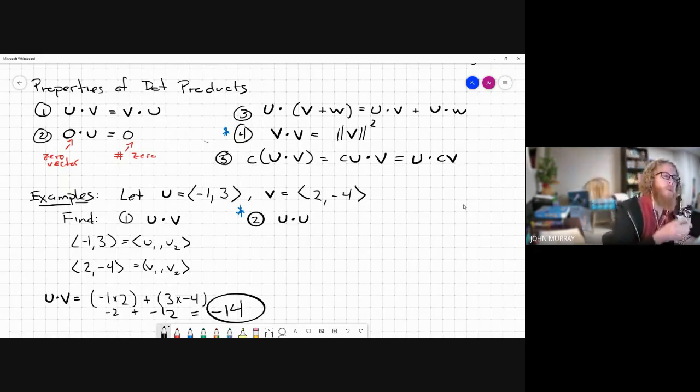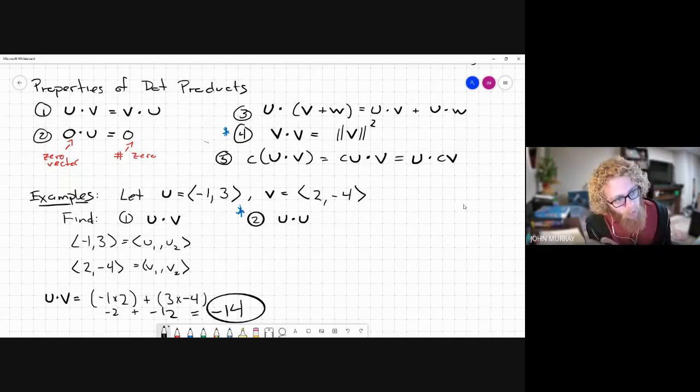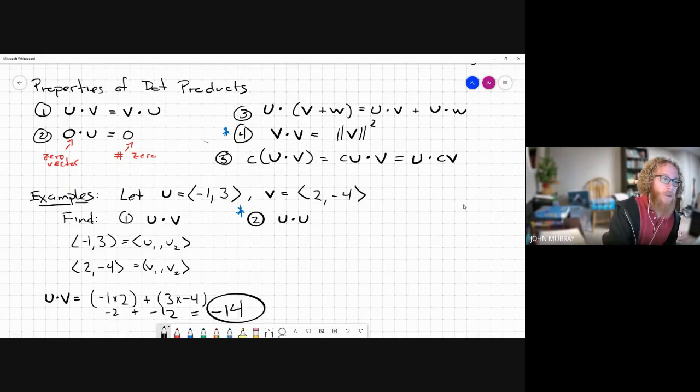Okay, so with that, you should be able to answer most, if not all, of the questions on the SGO. That was the last bit of information. But I want to show you real quick why number 4 works. So first, I'm going to do u dot u, and then I'm going to show you the magnitude squared.